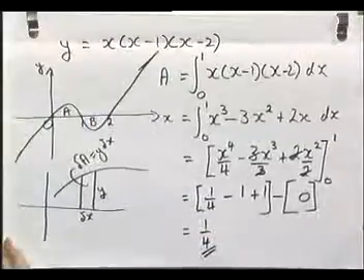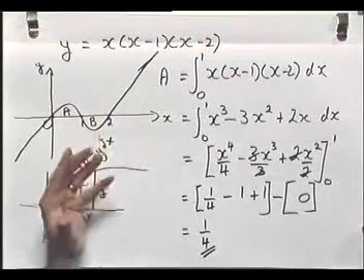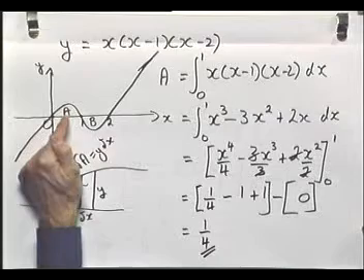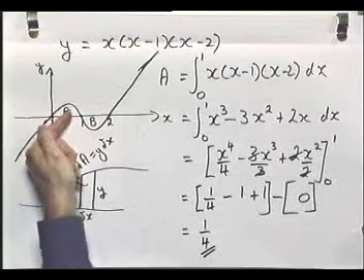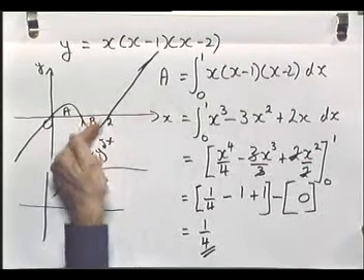But the question said, what is the area? And clearly, physically, there are two blocks of area. And so the total area must be a quarter, that's the area of that, and a quarter, because a quarter is the area of that.